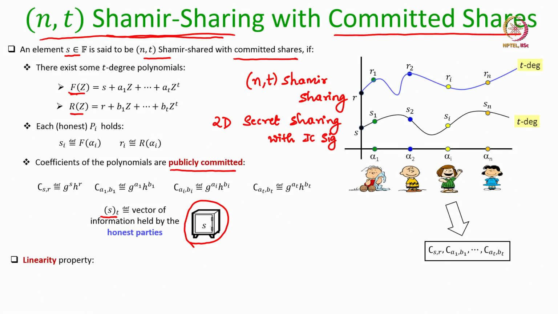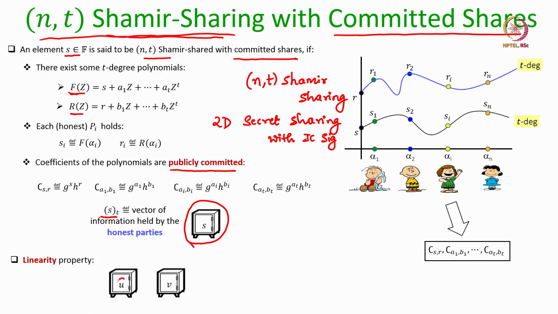As usual, for this new form of secret shared data, the linearity property holds, because anyhow the linearity property holds for Shamir secret sharing. Since we are using Pedersen's commitment scheme, which has the homomorphic property, we can perform linear operations on committed data. So, that is why we can exploit the linearity property. What does it mean?